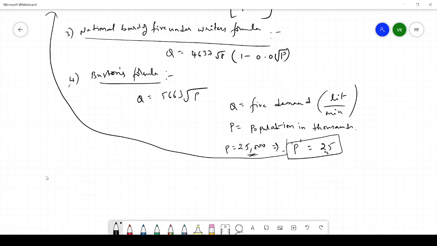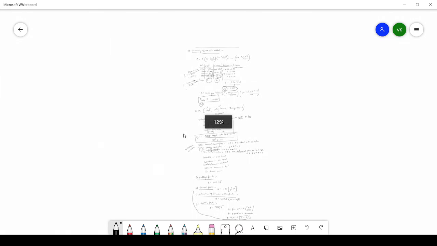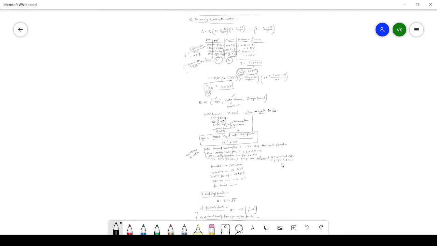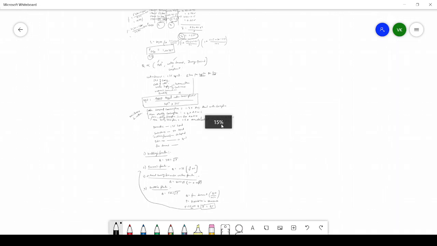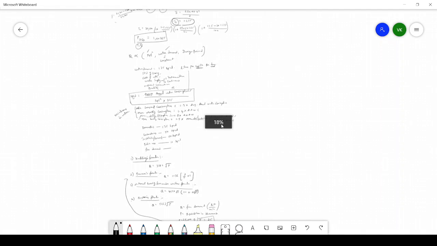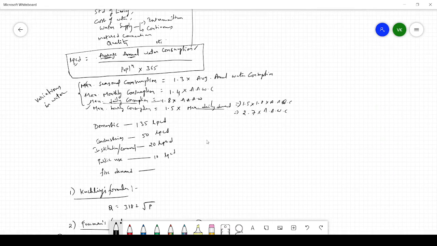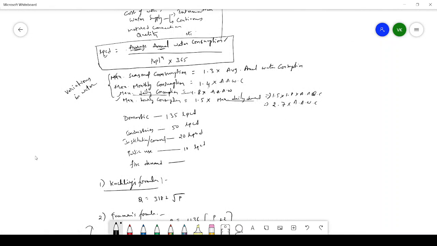This is the fire demand. So if you want to find the total demand, you have to add all these values: domestic, industrial, institutional, fire demand.